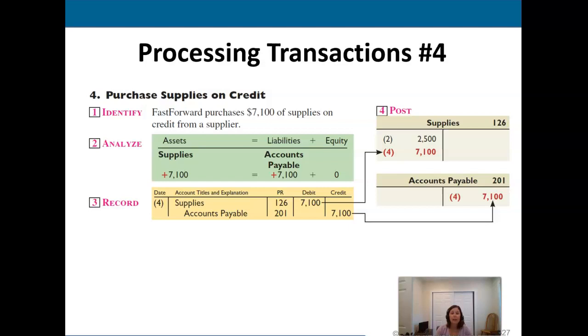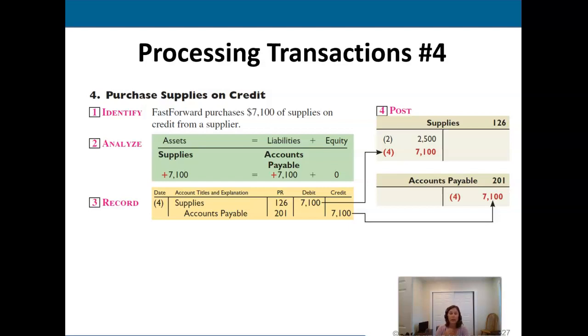All right, transaction number 4. We've purchased supplies on credit. So accounts that are impacted, supplies, but not cash this time because we bought it on credit. So we owe somebody now. And when we owe somebody, and specifically we owe a trade creditor, that's going to get recorded in our accounts payable. So our supplies have gone up, that's a debit. Our accounts payable has also gone up.